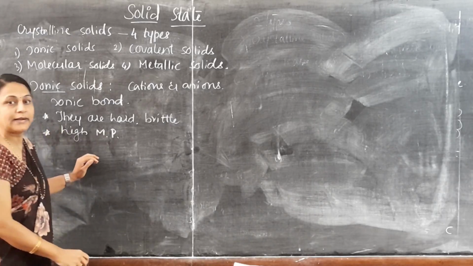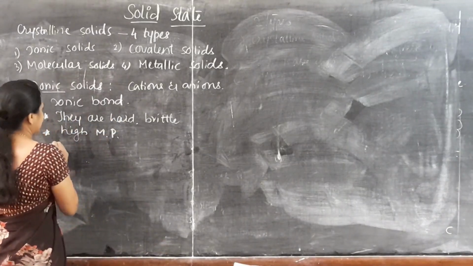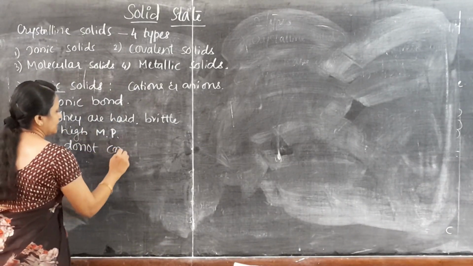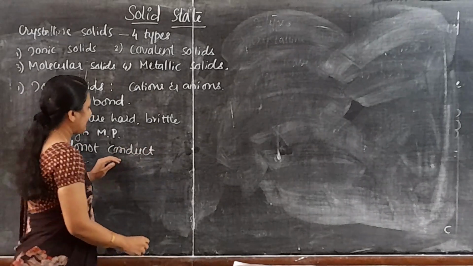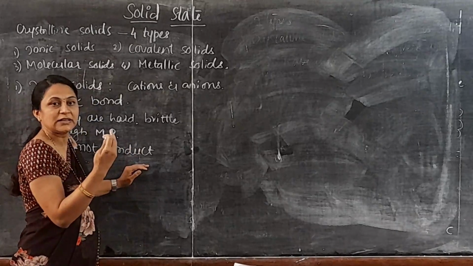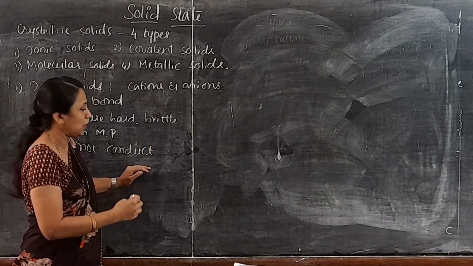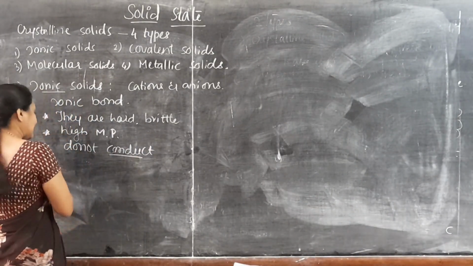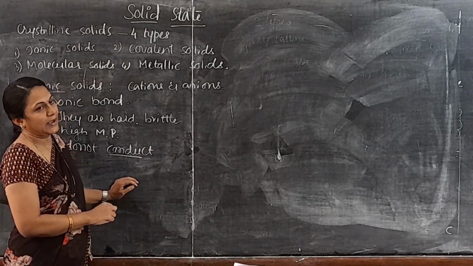And they do not conduct electricity in solid state, because there is negligible movement of electrons, meaning there are no free electrons or ions. That's why they do not conduct electricity. But they can conduct electricity in molten state or in aqueous solution.